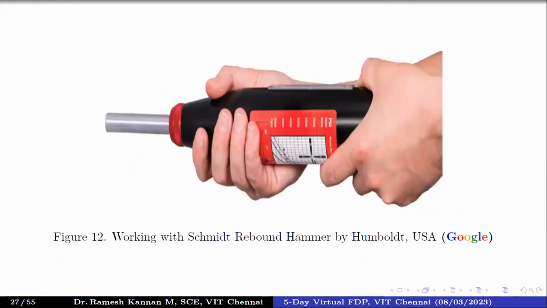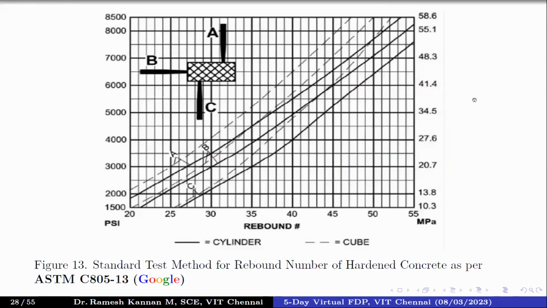And this is the chart I'm talking about, by which we will find out the compressive strength, and you can even find the corresponding cube and cylinder values. If we get a rebound number of 30, and our orientation is B, which is a wall kind of inclination, B has two lines. One is a continuous line, which talks about cylinders, whereas the dashed line talks about cubes.